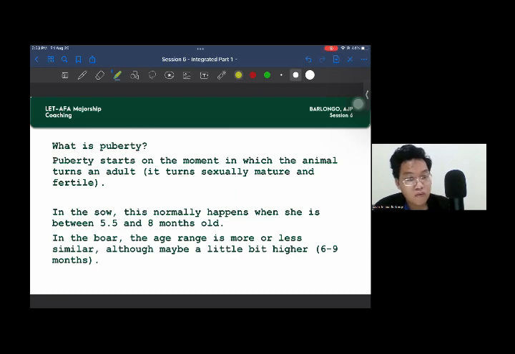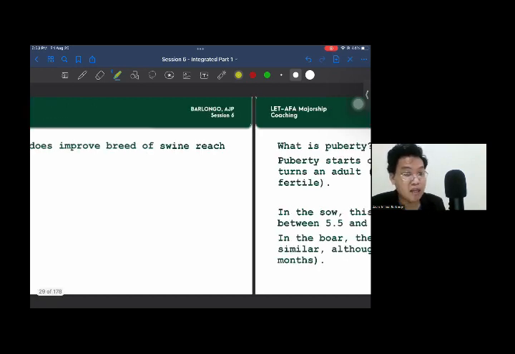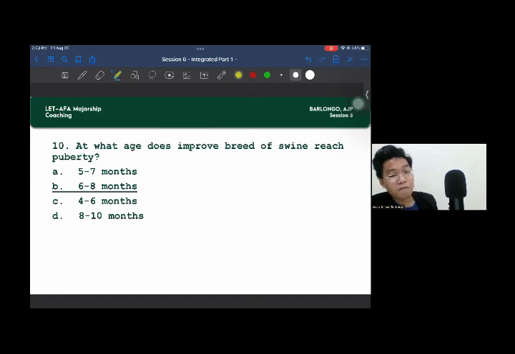So sa sow, or babaeng baboy, this normally happens when she is between 5.5 to 8 months old. Tas sa boar naman, which is yung lalaking baboy, the age range is more or less similar, although maybe a little bit higher, 6 to 9 months. And ang pinakamalapit dito sa ating choices is yung letter B, which is 6 to 8 months.